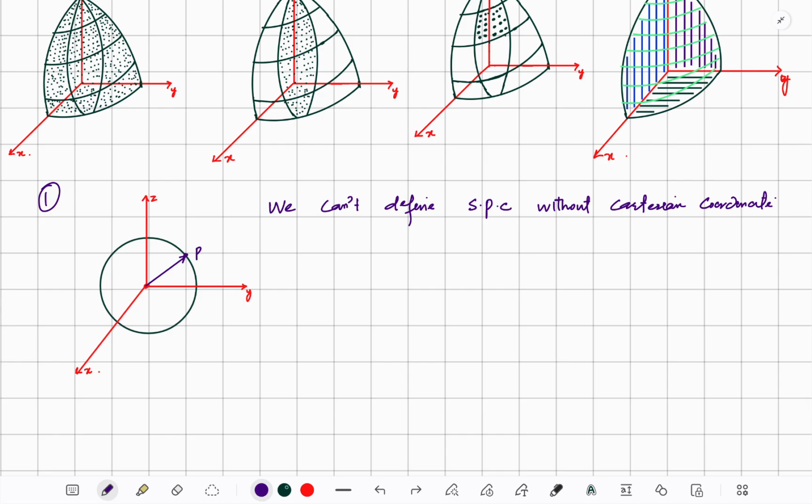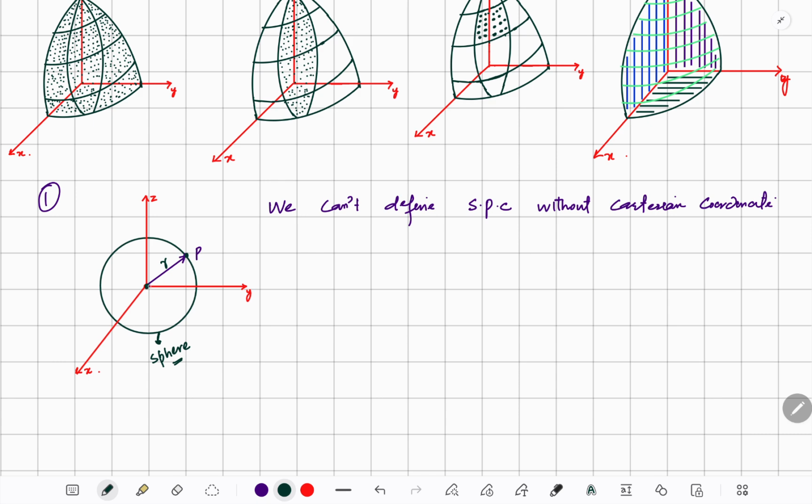I have taken a sphere here. So here is the sphere, any sphere of some radius r. This is r, the radius of this sphere, and I have taken a point P here. So what is the position of this point from the origin of the Cartesian coordinate system?